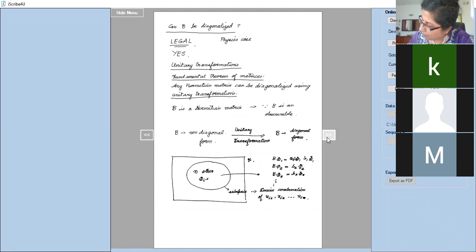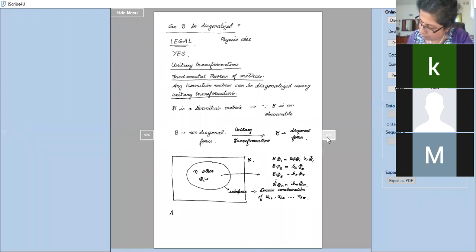And like that, B phi n is equal to bn phi n. So these phi's are eigenfunctions of B. Okay. Question that you can ask is, what about A? Okay. So the answer is this.